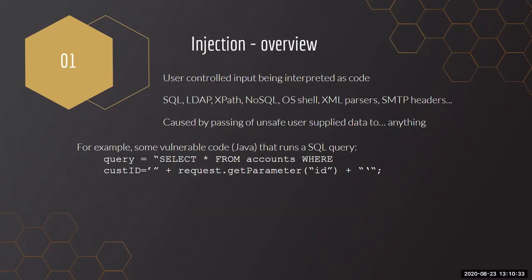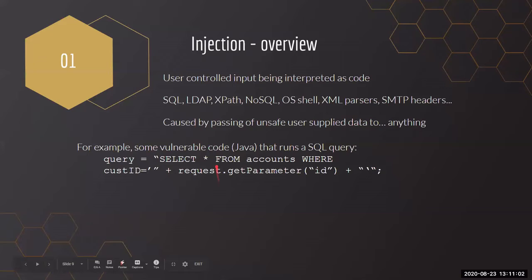So first, I'll show you an example of a SQL query. This is written in Java, for example. It's just 2 lines. All it's doing is setting a query string variable, with the intention of sending it to a SQL database server later to query for information.